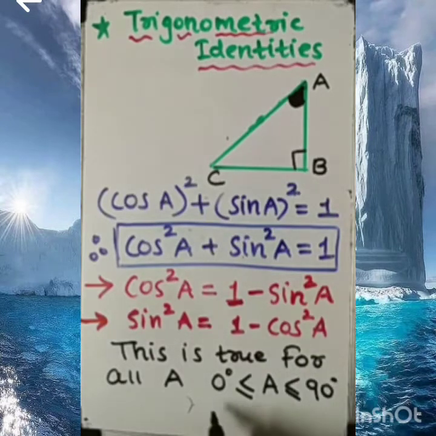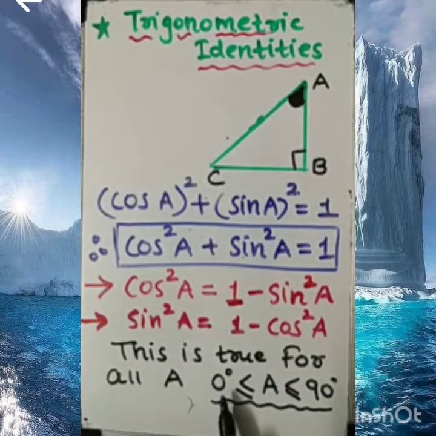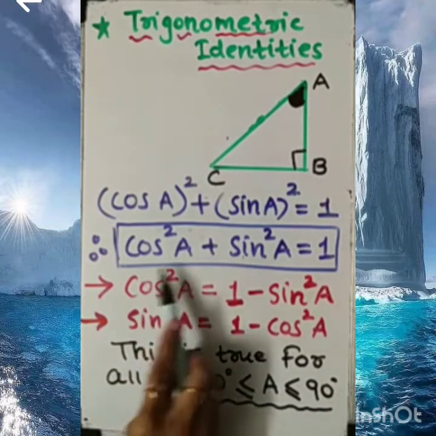This is a very important result which can be asked in MCQs or as a true or false statement, so please keep this also. The value of A, this acute angle, must lie between 0 degree and 90 degree. This is the first trigonometric identity. Clear?